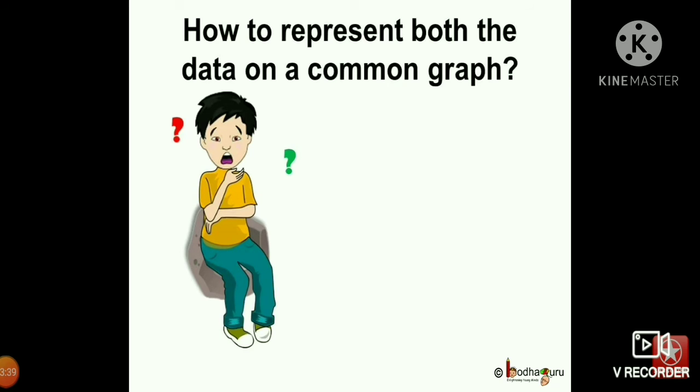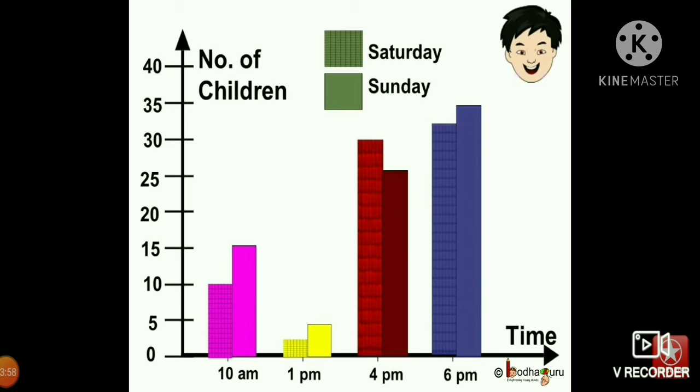The one thing that helps us to do this is called drawing a double bar graph. You can draw a double bar graph in one graph. That is the solution to represent both datas in one common graph. See here, this is called a double bar graph.